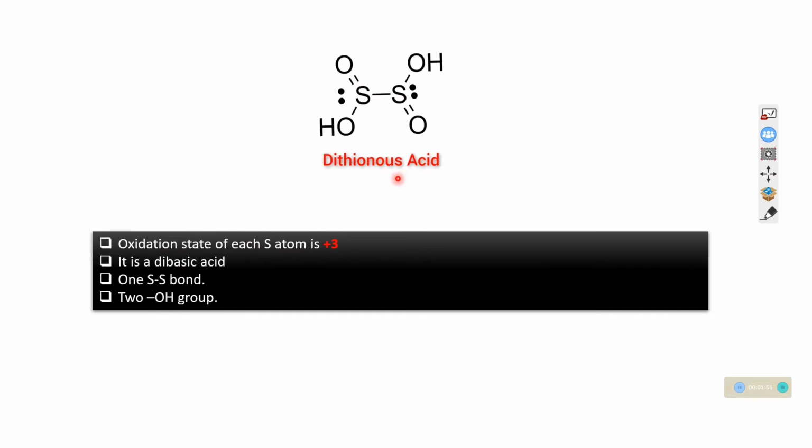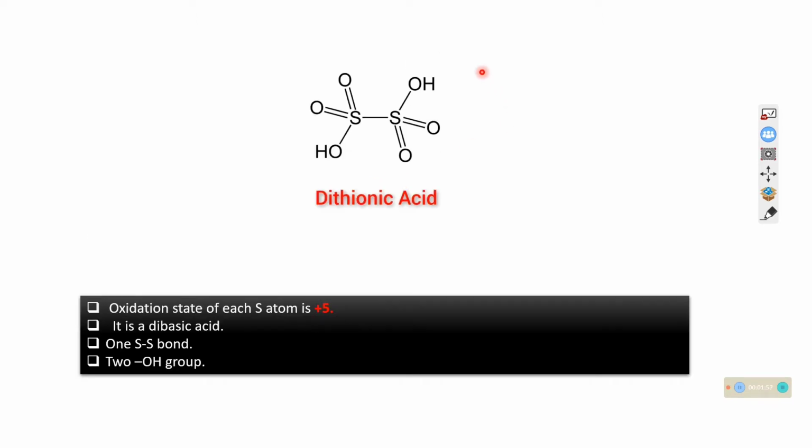So this is the structure of dithionous acid and this is the structure of dithionic acid. One is dithionous acid and the other is dithionic acid.